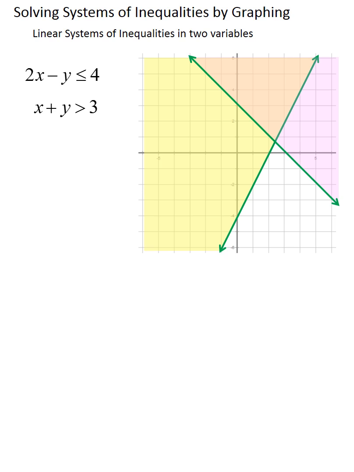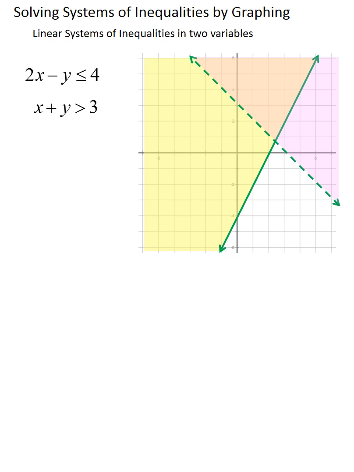One last consideration. Notice the strict inequality that we have here. Because we have a strict inequality, you'll recall from a previous video, that means that all of the points actually on that line are not true points for this inequality, and therefore we represent it as a dotted line.